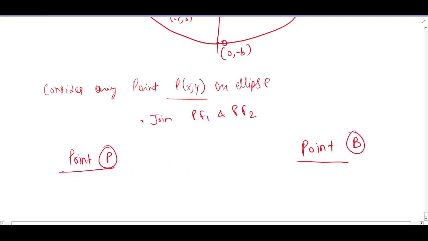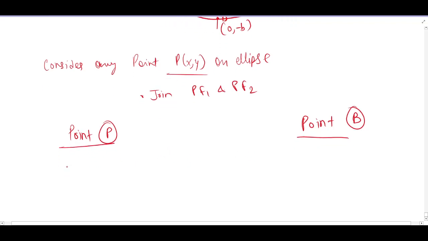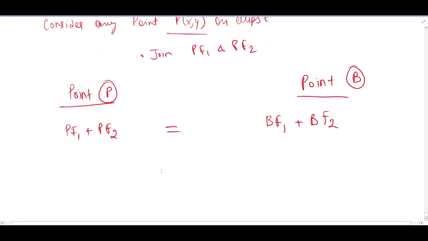So from the definition of an ellipse, we have PF1 plus PF2 is equal to BF1 plus BF2.